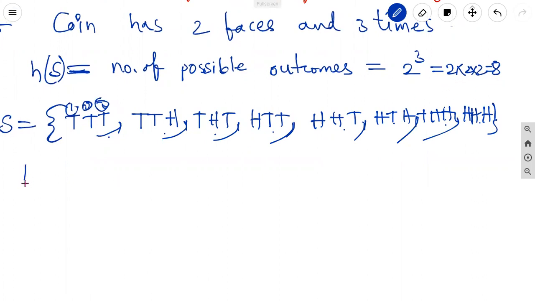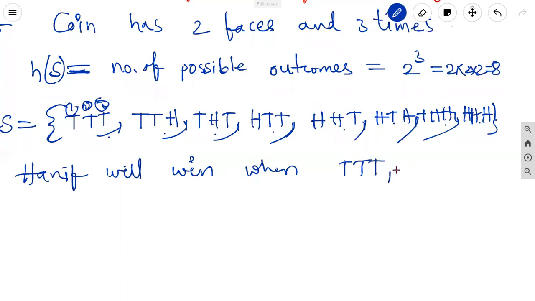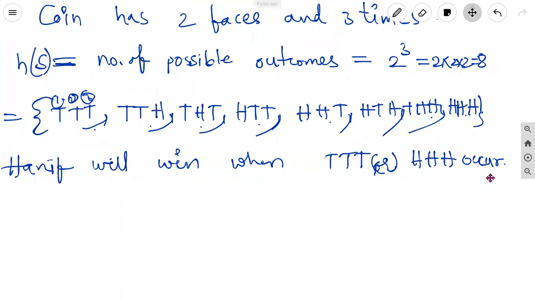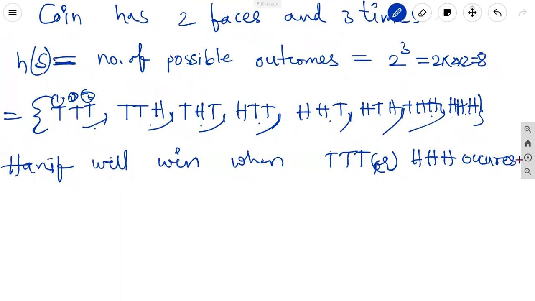What is the winning chance? Hanif will win when TTT or HHH occurs. Okay.